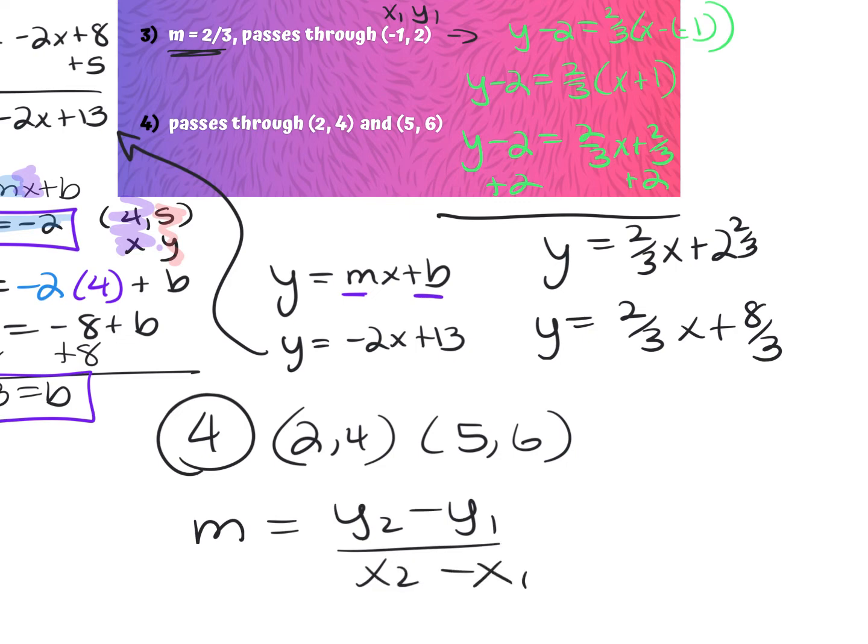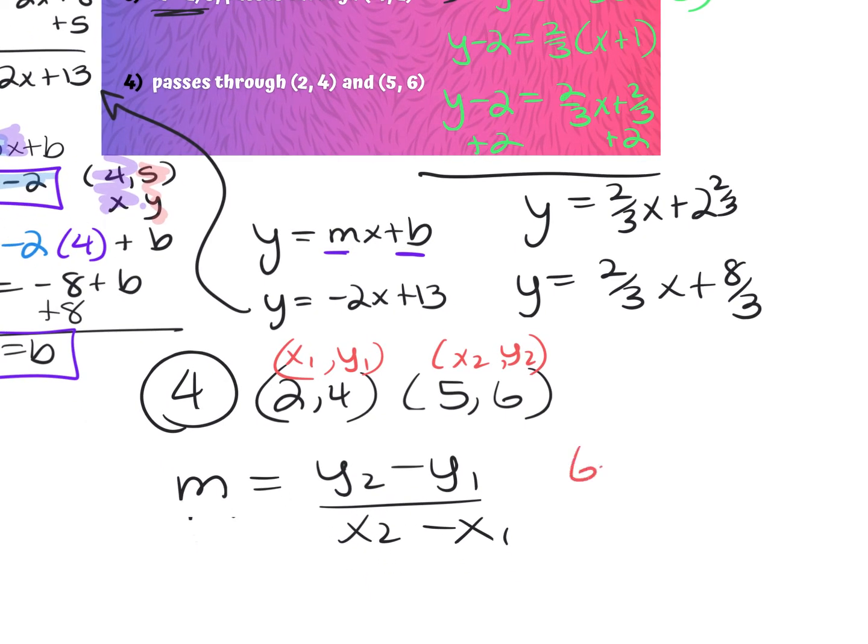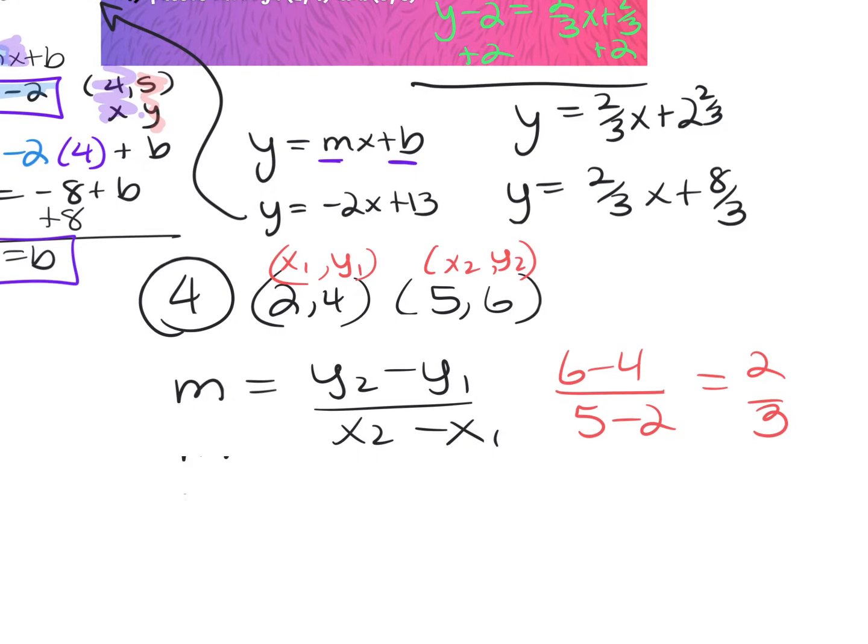It doesn't matter which ordered pair you use for x1, y1. So I could say this one's going to be ordered pair number 1, so it'll be my x1, y1. And this will be ordered pair number 2. So let me plug them in. 6 minus 4 over 5 minus 2. 2/3 is my slope that I'm going to be using. So my m equals 2/3.